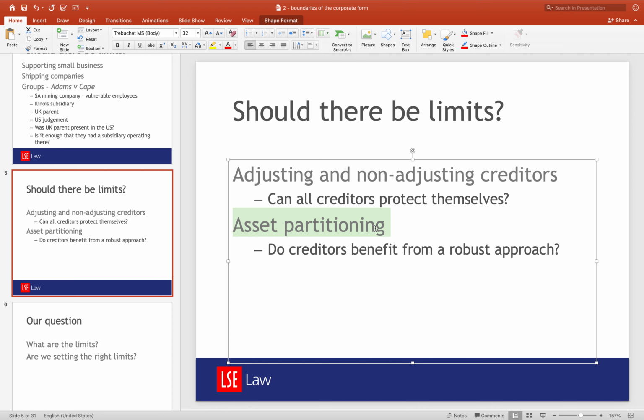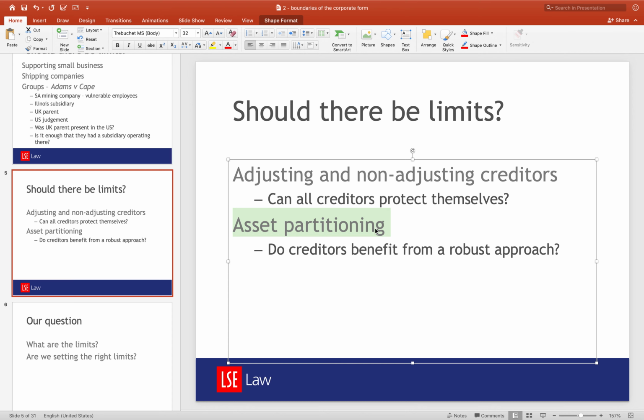So, for example, he does not have to worry about a lender of the American subsidiary claiming the mine as a valuable asset of the South African subsidiary, or some American consumers who successfully sue the American subsidiary enforcing that claim against the South African mining company. So the idea is sometimes creditors benefit from a robust approach.